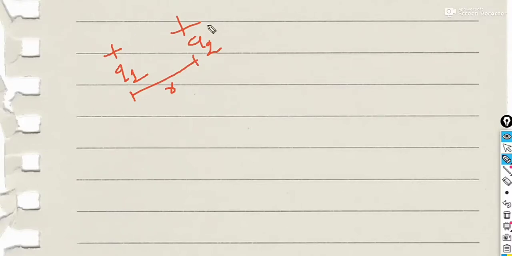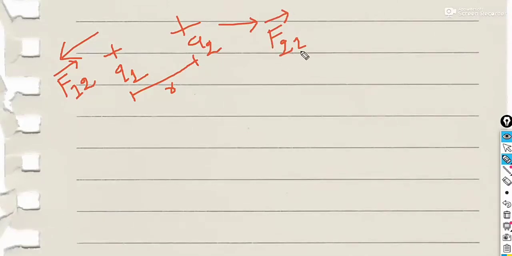If q2 exerts a force on q1 and q1 exerts a force on q2, they will be equal. Here F12 is the force on 1 due to 2, and here F21 is the force on 2 due to 1.